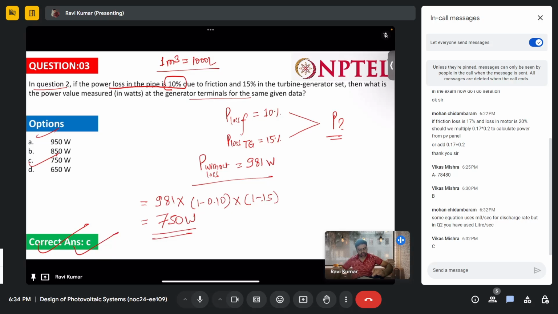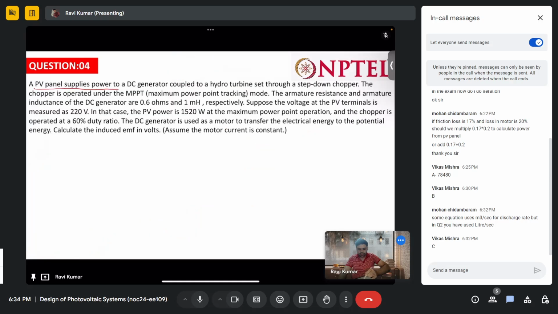Okay, let's move to the next question. This next question is easy. You need to understand things better. It says a PV panel supplies power to a DC generator coupled to a hydro turbine set through a step down chopper. You just understand this is a DC-DC converter.